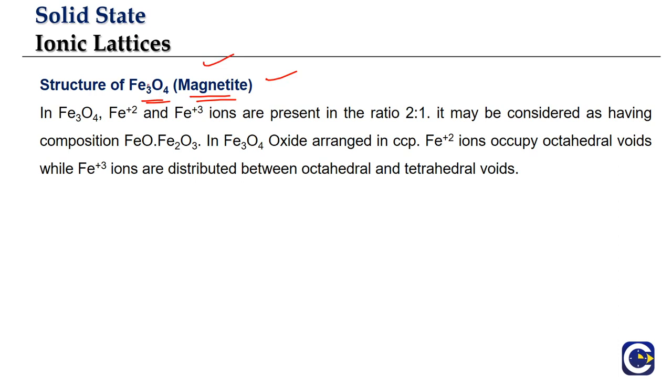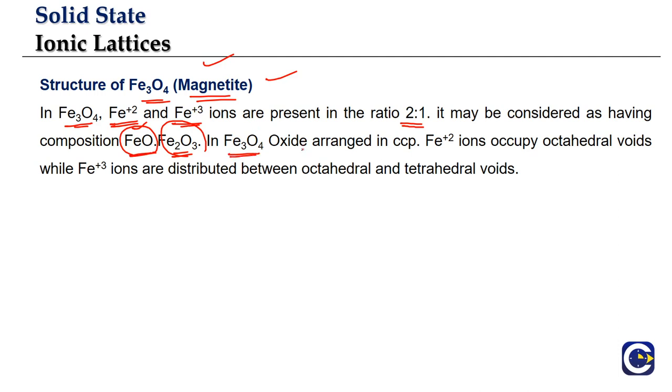So what is a magnetite? Its formula is Fe3O4. Magnetite contains both Fe2+ ions and Fe3+ ions, and they will be present in the ratio 2:1. So if you look at the composition, it is made by FeO and then Fe2O3.